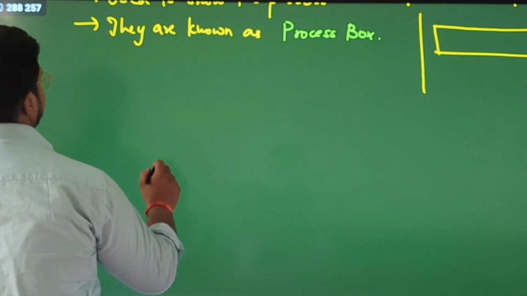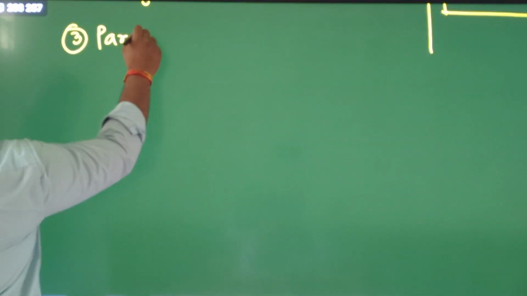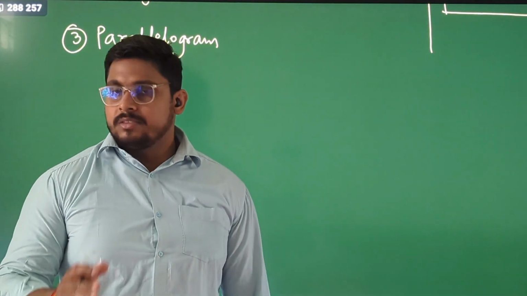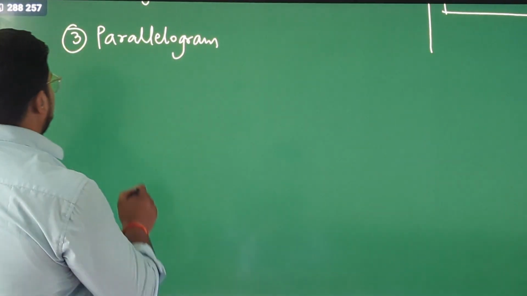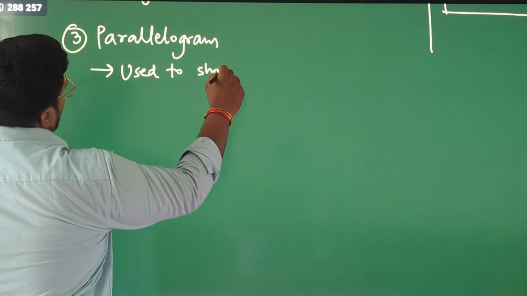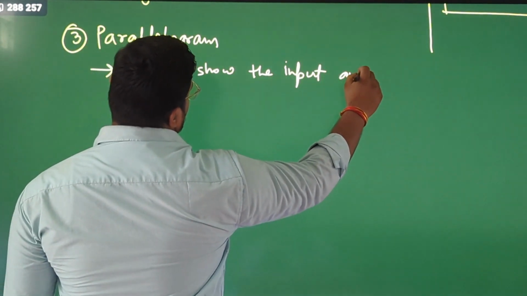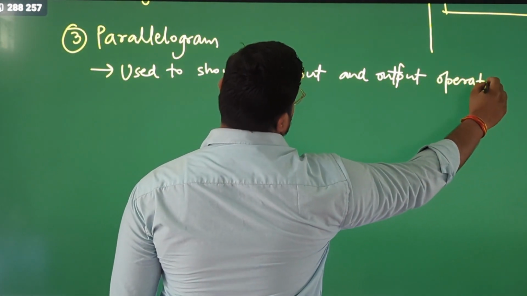Now, moving on to the third point. Which shape? Parallelogram. This shape is used for input and output operation. It is used to show the input and output operation.